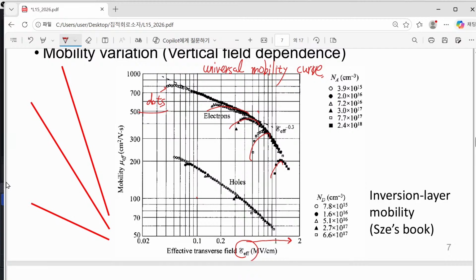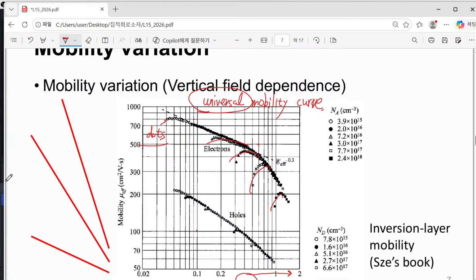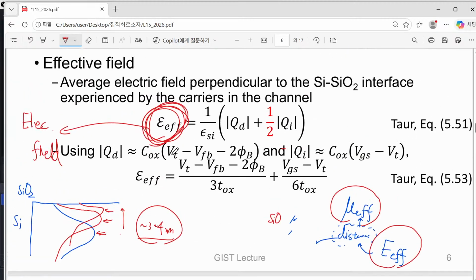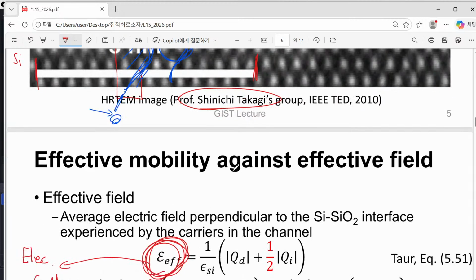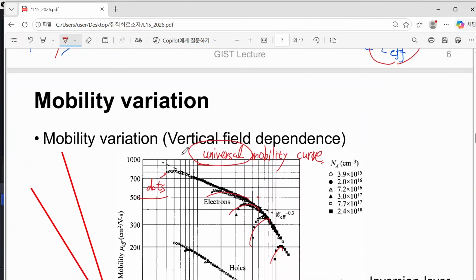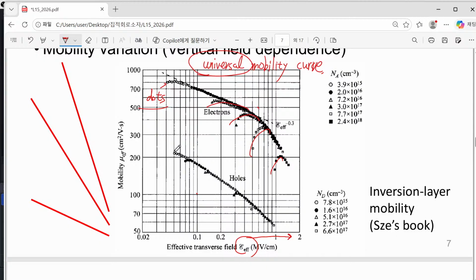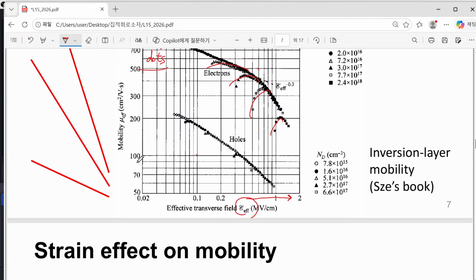The direct evidence of universality of this relation was proved by Professor Shinichi Takagi, who was previously at Tokyo University. When he was a postdoc, I'm not quite sure if he was a postdoc or an employee of a certain company, he made this very ambitious comparison.